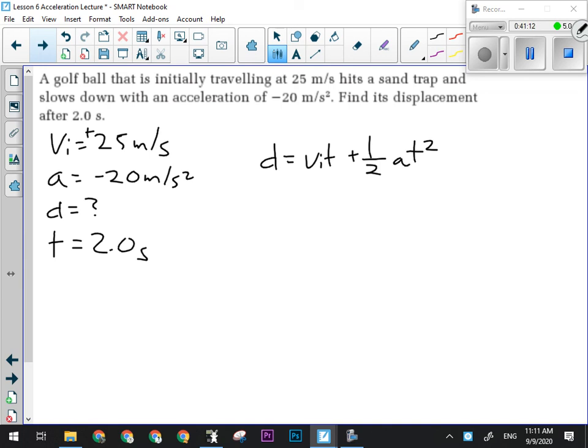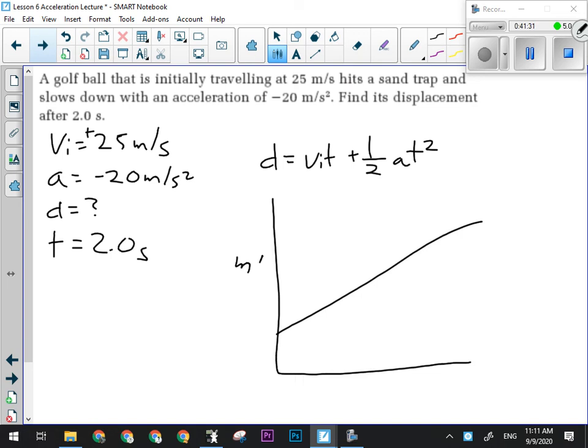Now, 1/2 AT squared does find displacement because taking half the acceleration and multiplying by T squared is essentially taking average velocity and multiplying by time. Here's where this formula comes from. I have a velocity versus time graph that is a diagonal line.